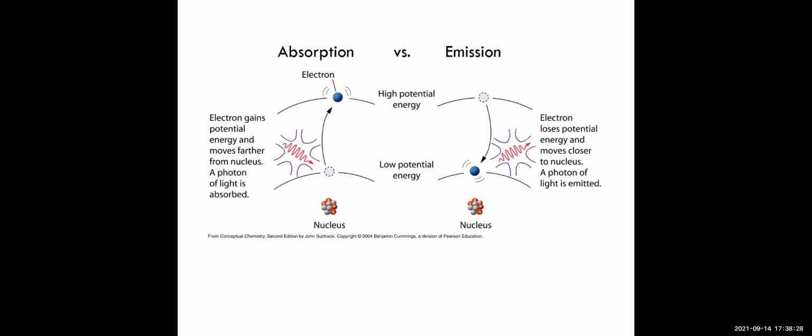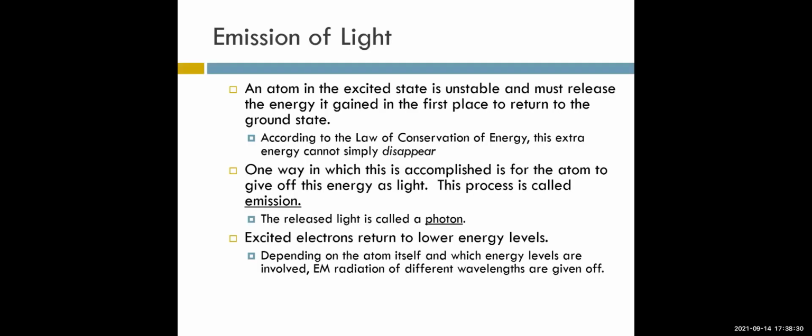Now, there is a law of conservation of matter or energy. Remember, we had a law of conservation of mass. There's also a law of conservation of energy, which tells us that energy cannot be created or destroyed. It has to just be distributed. You have to move it around.